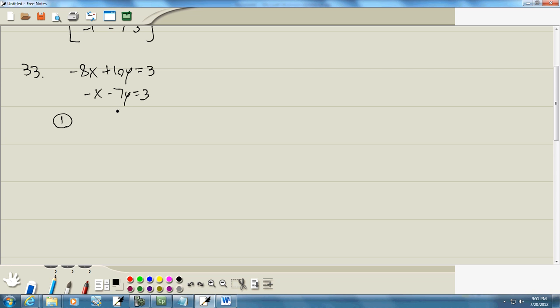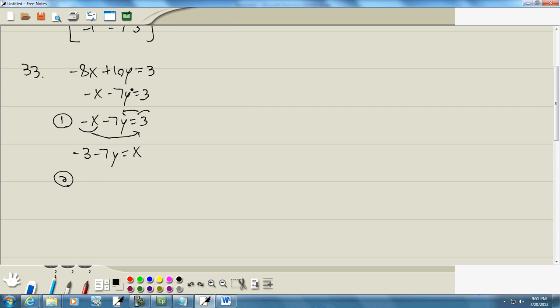Now, first step. Solve one of the equations for one of the variables. Second one looks a little easier, so let me work with that one. And I'm going to solve this for x. So I'm going to take the negative x to the right side, and I'll take the 3 to the left side. So we're going to get negative 3 minus 7y is equal to a positive x. When you take anything across your equals, your sign changes.